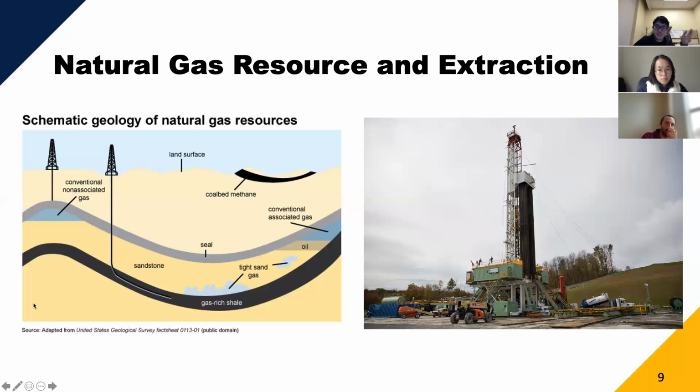We'll see some of those implications for energy use in just a second.